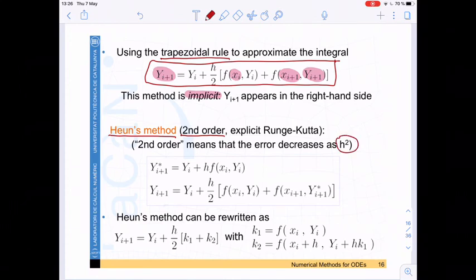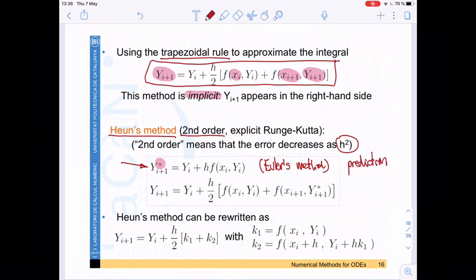Okay? So what we do in Heun's method is we start with an Euler step. Okay? Note that this step is the same we would use with Euler's method. And what we obtain from here is an approximation, let's call it prediction, to the value at y_i plus 1. And then this prediction we use in the right-hand side to obtain the final value y_i plus 1.